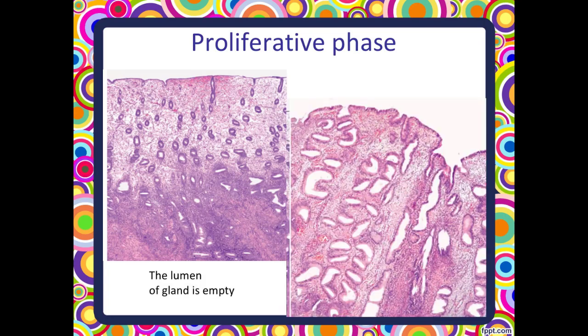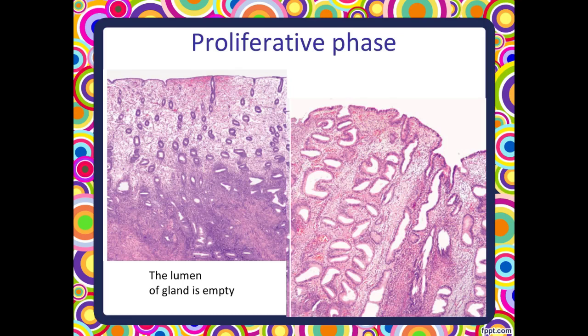So this is proliferative phase. Let's see that the proliferative phase is regulated by estrogens produced by ovaries.